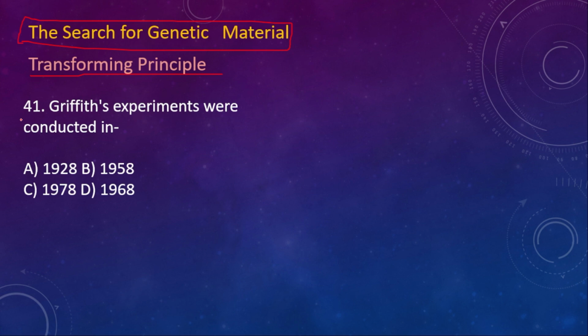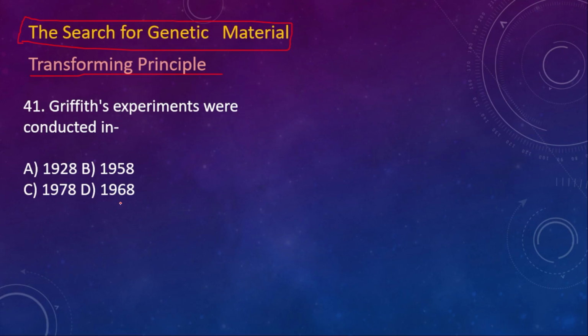Griffith experiments were conducted in: A, 1928, B, 1958, C, 1978 and D, 1968.